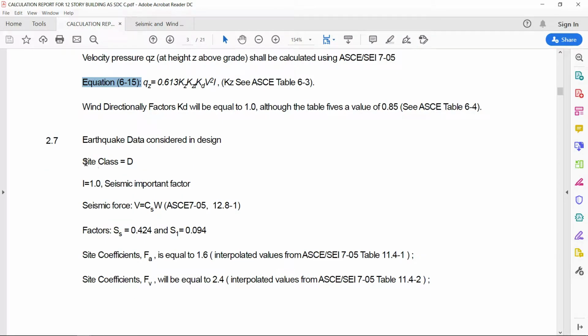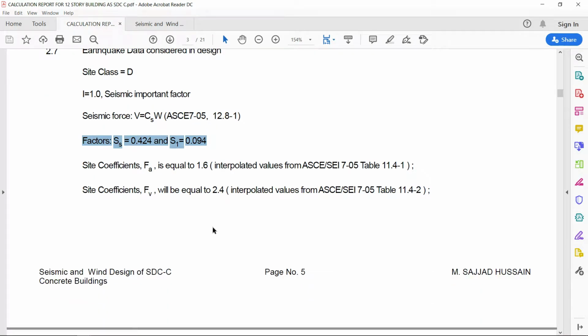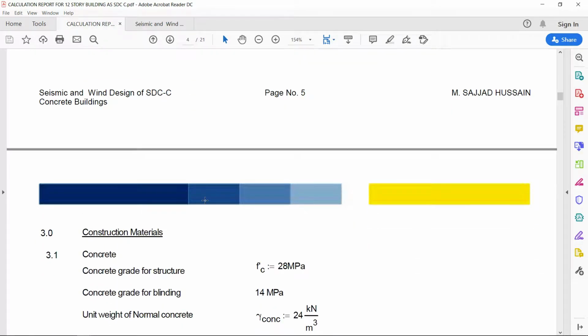Similarly, earthquake data is compiled over here. Site class D, importance factor is 1, SS is 0.24 and S1 is 0.094. Then based on ASCE 7, I checked the values of Fa and Fv. Fa is 1.6 and Fv is 2.4.